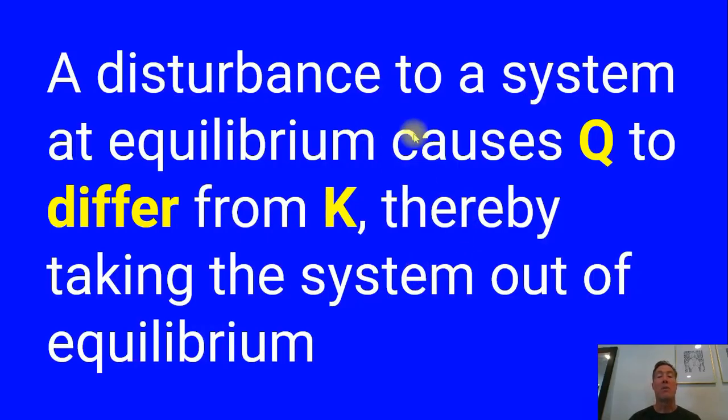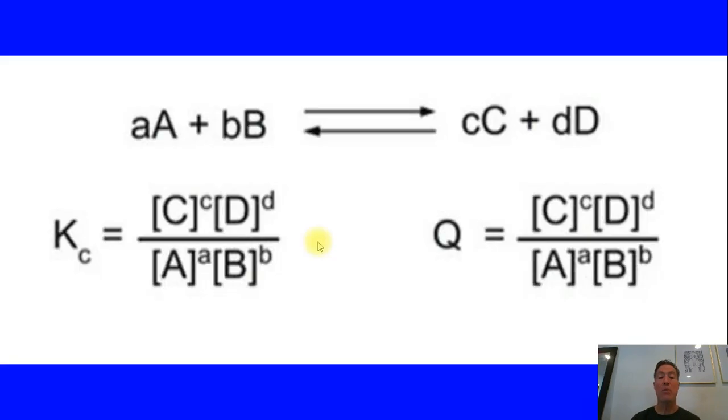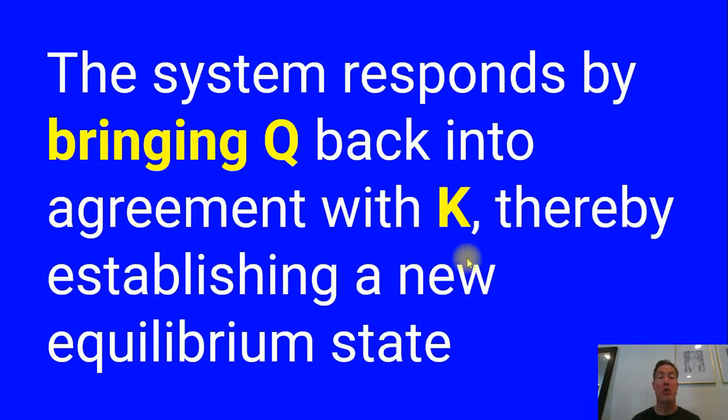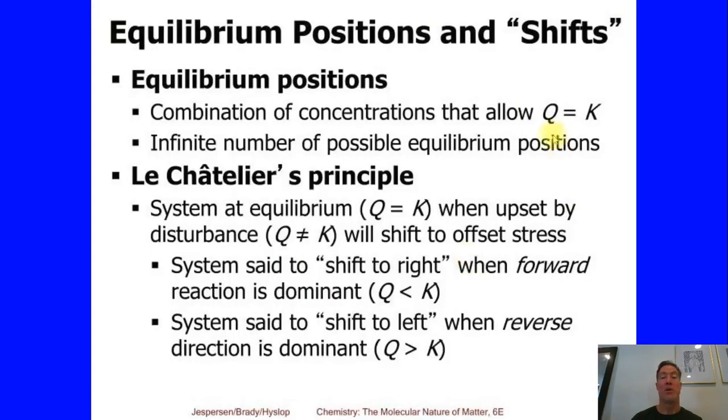Remember, a disturbance to the system causes Q to change from K, taking the system out of equilibrium. So at equilibrium, Q equals K. But if we cause a stress to the system, we're going to change Q, and Q is going to respond by trying to get back to K. So you can also ask, what does Q have to do to get back to K?